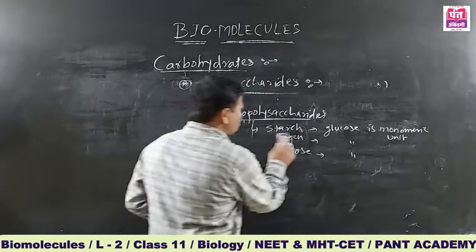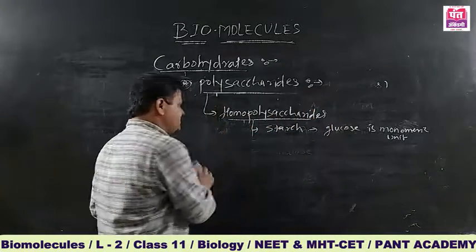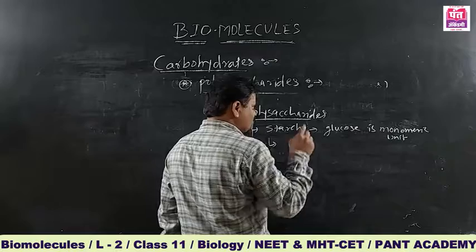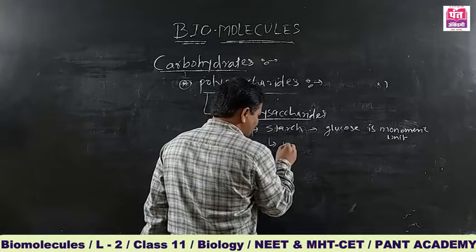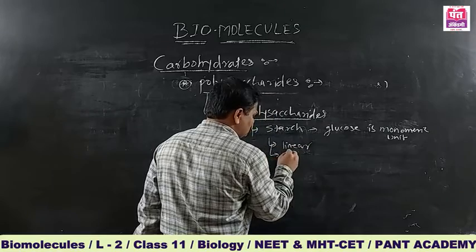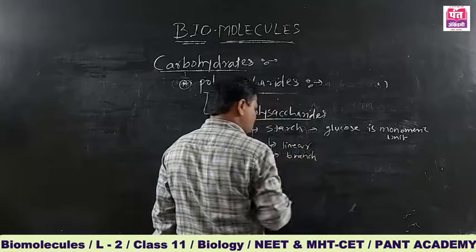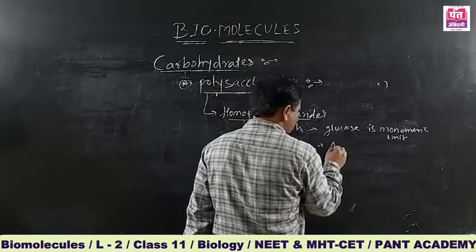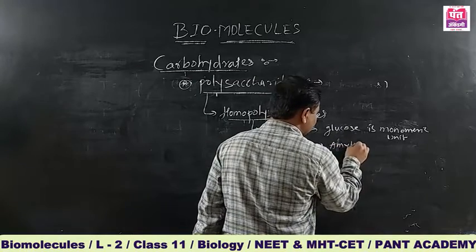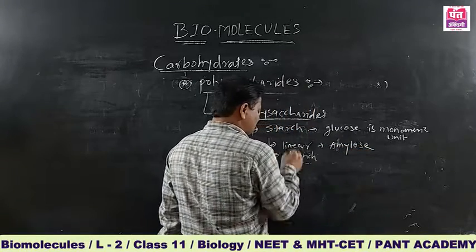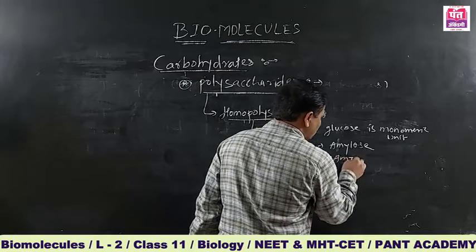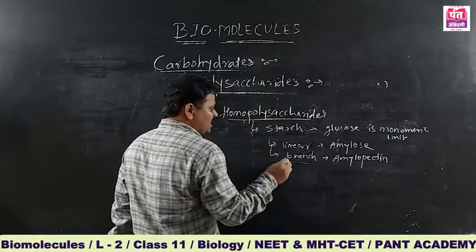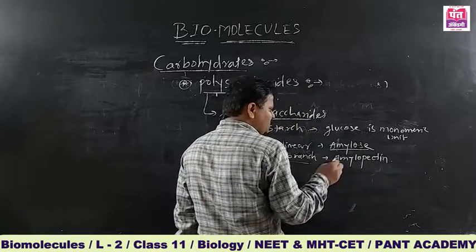So the first important homopolysaccharide is starch. Starch is formed of two different kinds of polysaccharide, one linear and another branching, a combination of both. The linear one is formed of glucose, and it is amylose, and the branched one is amylopectin.